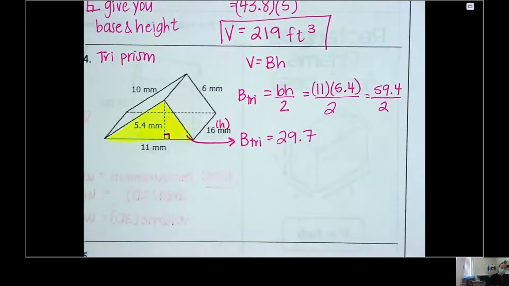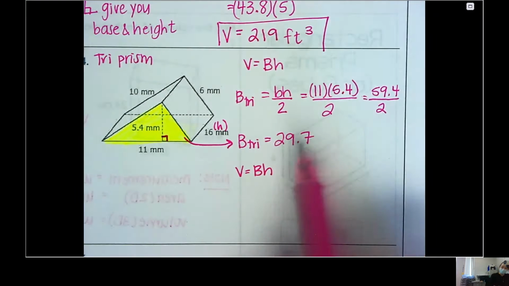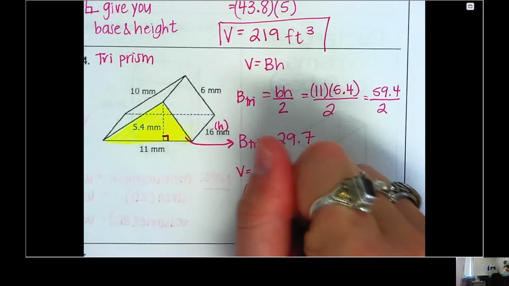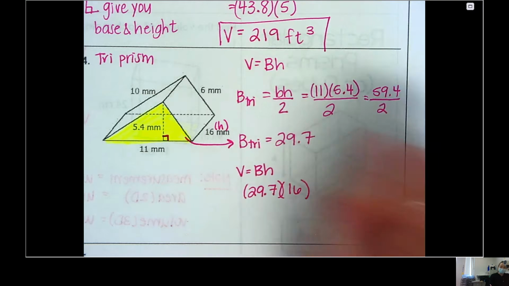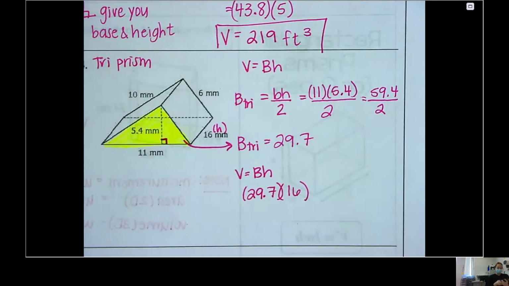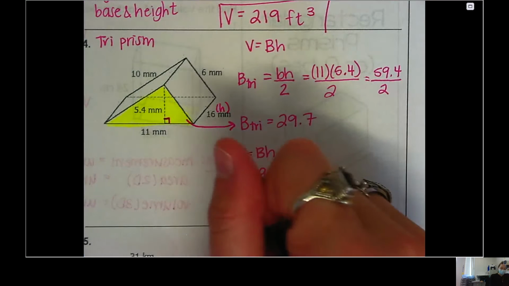So my final step is I'm going to take 29.7 and multiply it times 16. And that will be my final volume. So what do you get for your final volume?